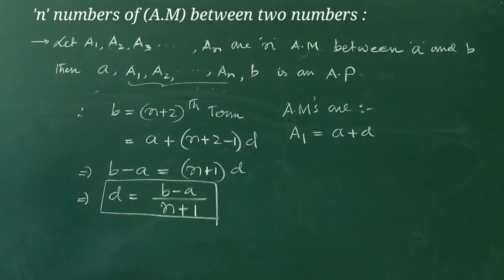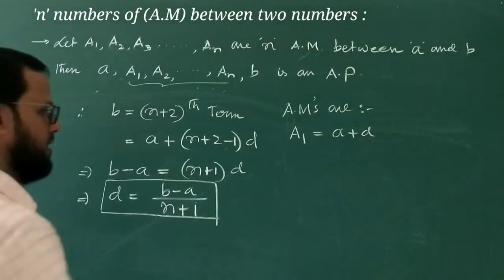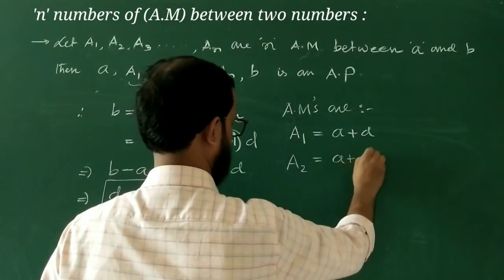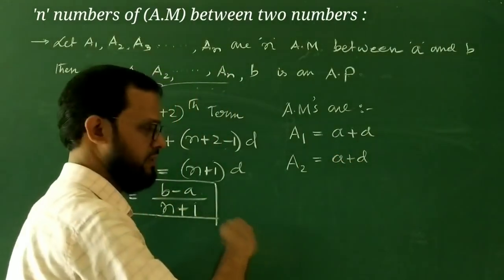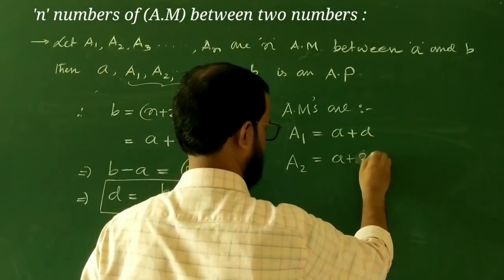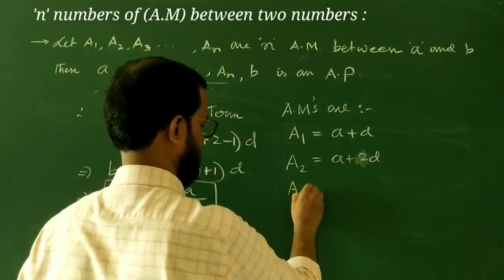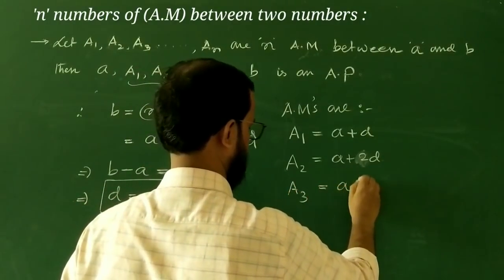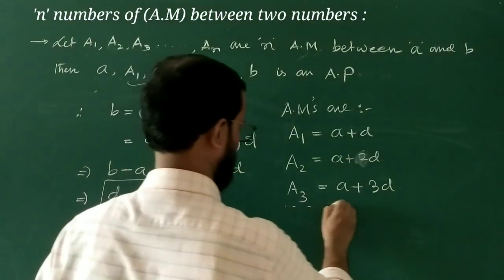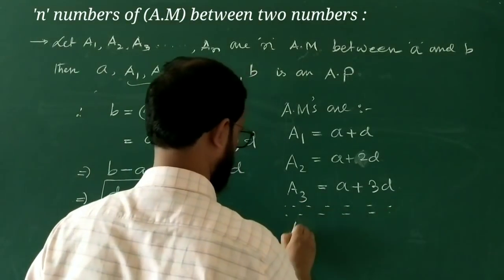If you know this result, you can write it. Then A2 will be A1 plus D, और एक D ऐड होने से 2D, so A plus 2D. Then A3 is A plus 3D.